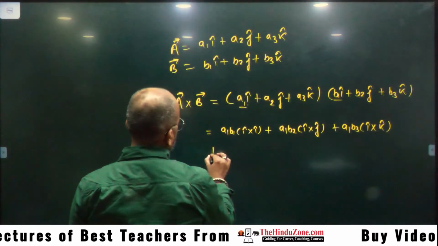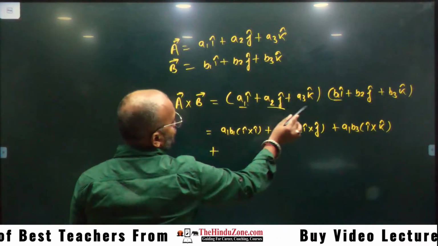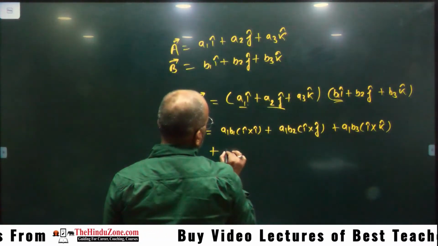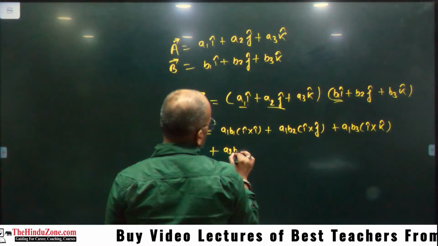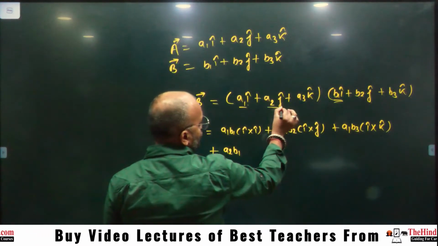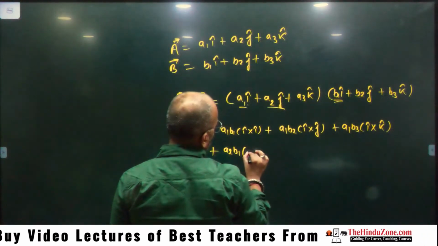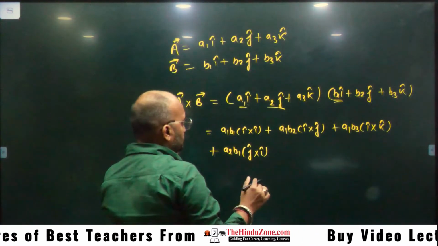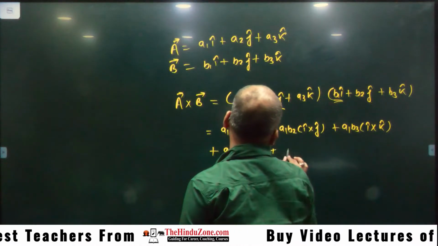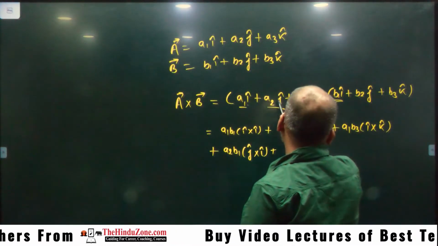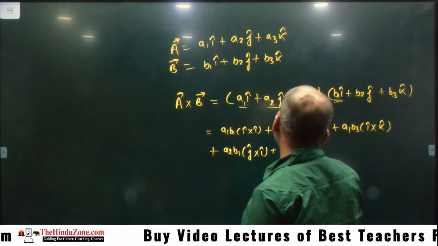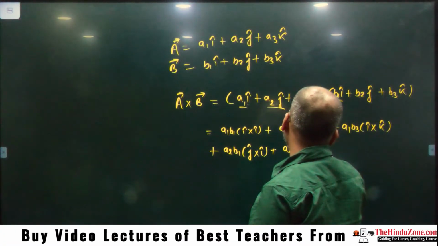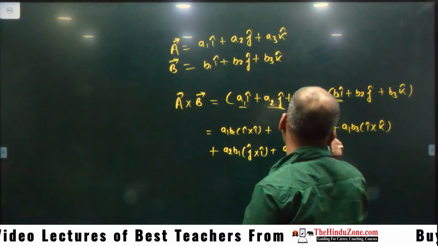Plus A2 J cap and B1 I cap, so A2 B1 and J cap cross I cap. Plus A2 J cap and B2 J cap, so A2 B2 J cap cross J cap.